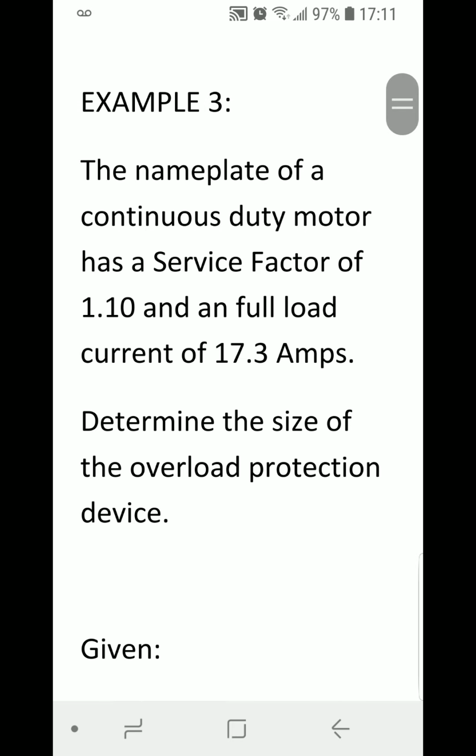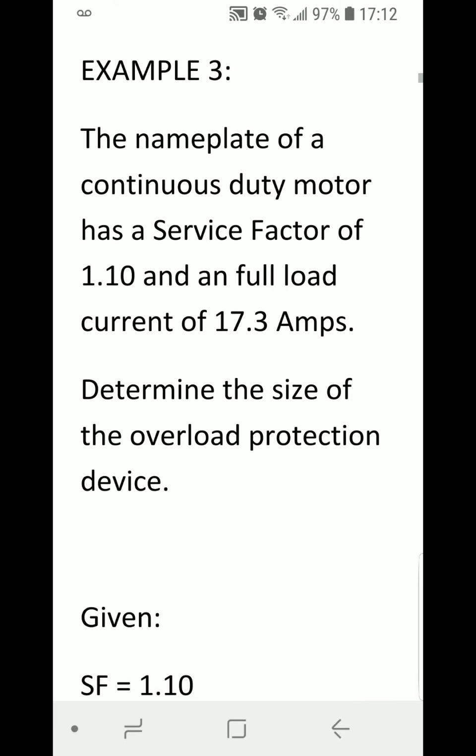Example number 3 is where we have a service factor of 1.10, and this is lesser than 1.15. The nameplate of a continuous duty motor has a service factor of 1.10 and a full load current of 17.3 amps. Determine the size of the overload protection device.